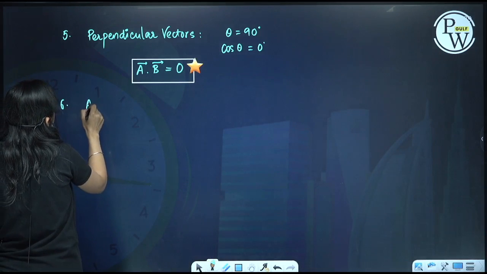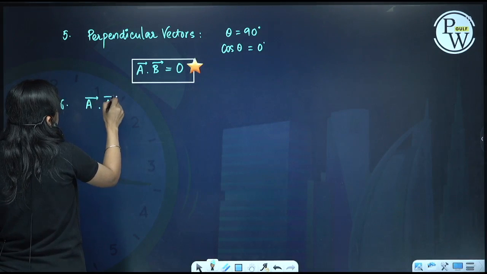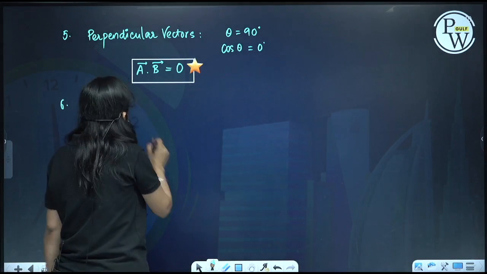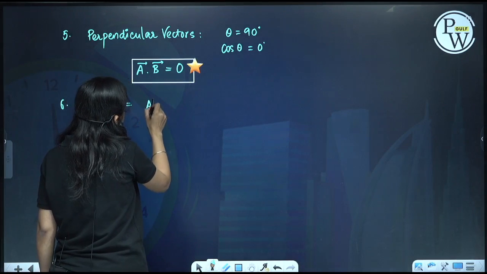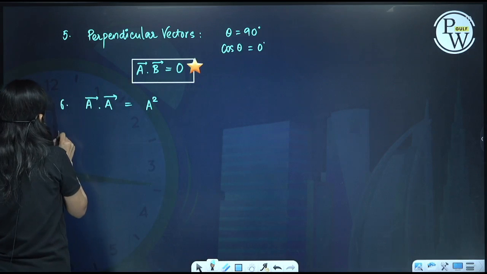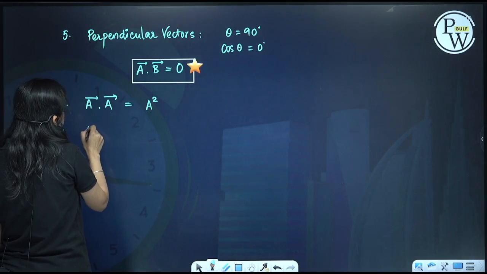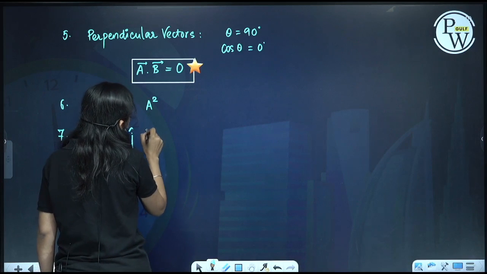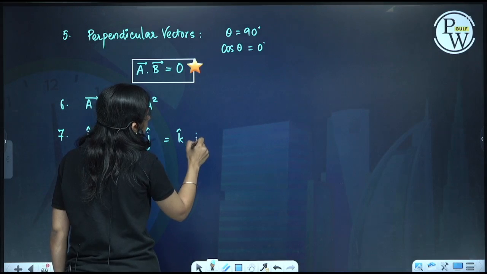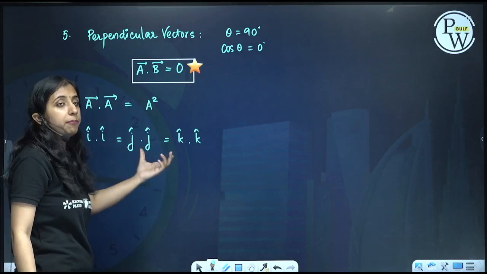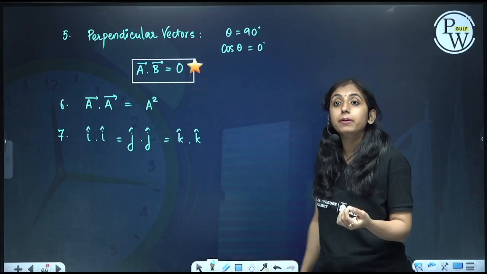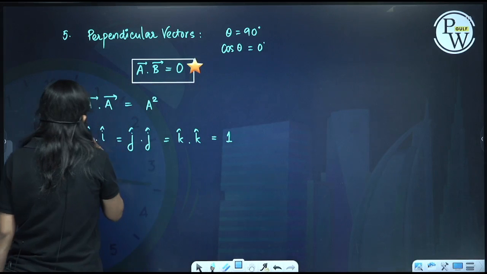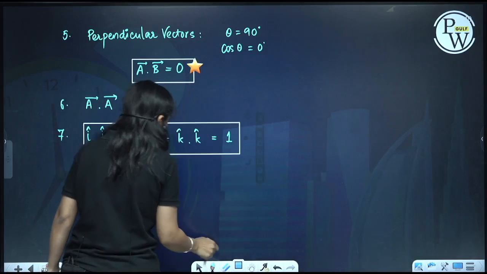Next, if we want to find A dot A, the angle between A and A is 0, so cos theta will become 1. So A dot A will simply be equal to A square. If I want to find i dot i, or j dot j, or k dot k, all these have magnitude 1, so it will be equal to 1 square, that is 1.